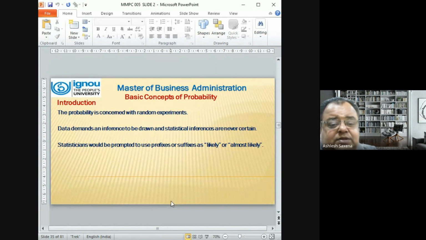Probability means you are not sure. You are just thinking if this will happen. Tomorrow it will rain or it will snow, nobody knows. That is probability. Probability can be found out or concluded by seeing the past records. Very simple to understand the concept of probability.